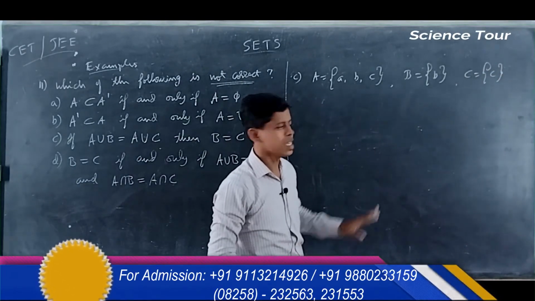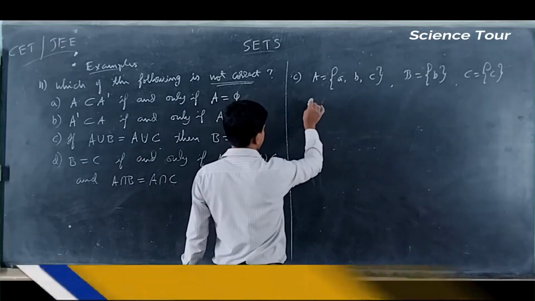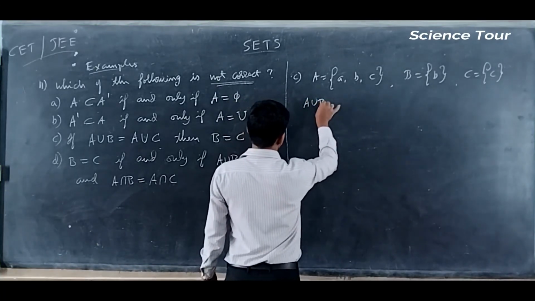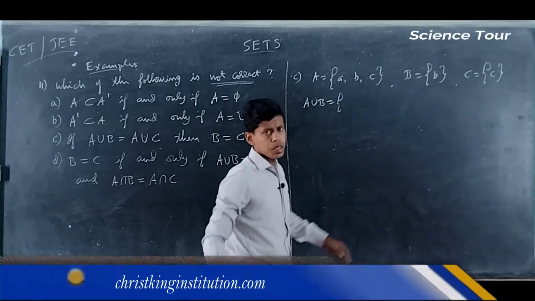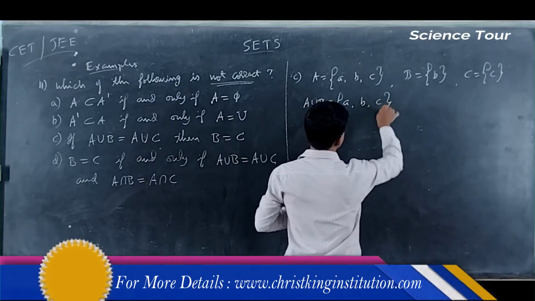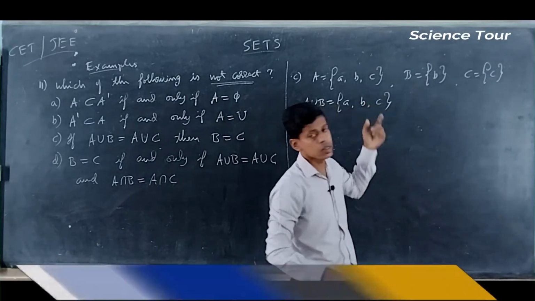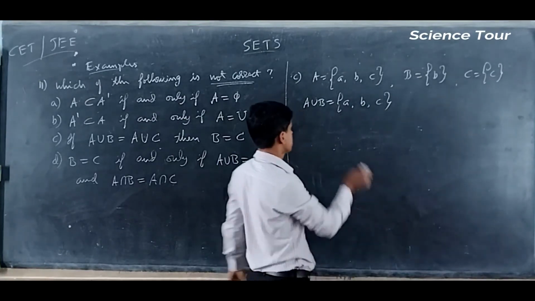Just an example, you can take any other similar example. Now, what is A union B? A union B is {a, b, c}. You don't write that b again because it's already written. You don't repeat any elements, correct?